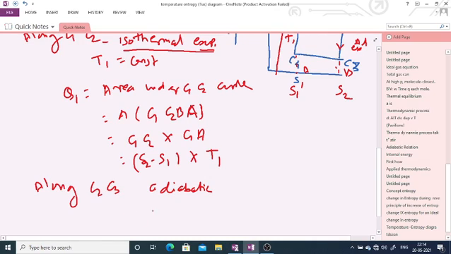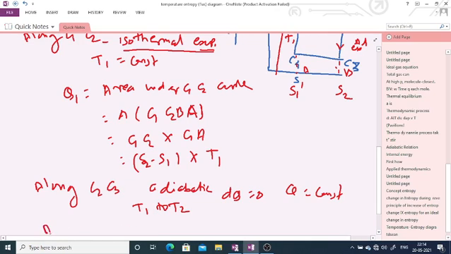There is no change in heat, only an expansion. Because it is adiabatic, the temperature will fall from T1 to T2. So dq is equal to 0, that is, the heat remains constant. So there is no amount of heat absorbed or rejected by the system.